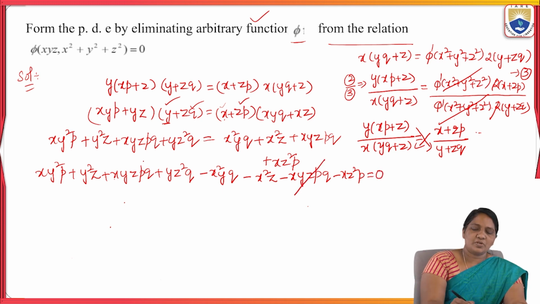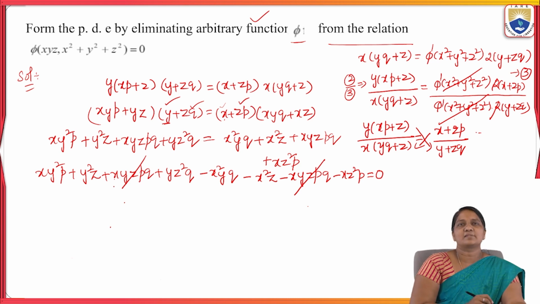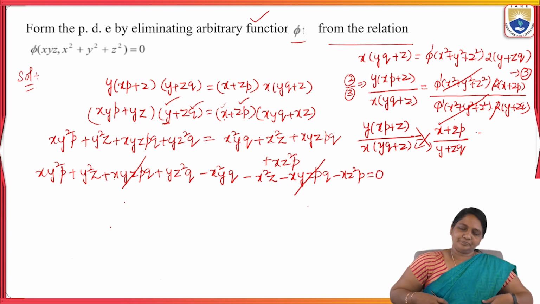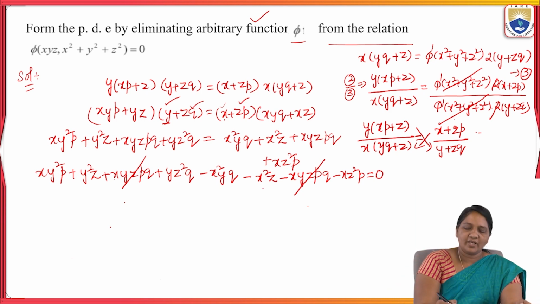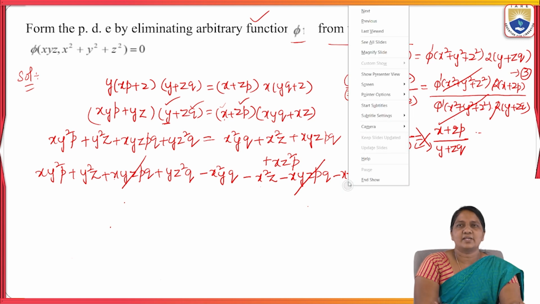Now xyz pq and xyz pq are cancelled. This one is plus, this one is minus. Next one is here we have x square z, so x square zp.